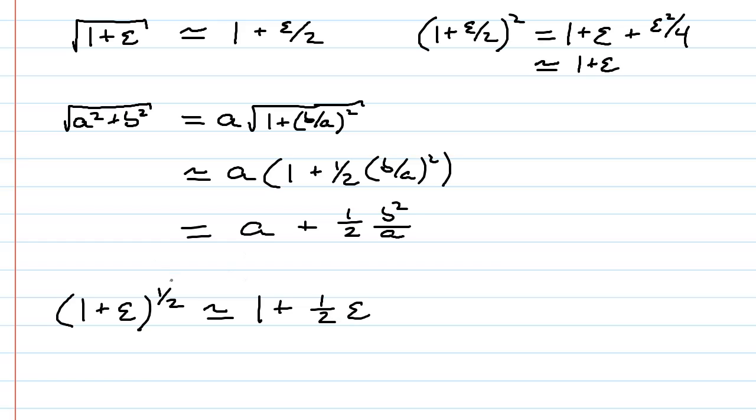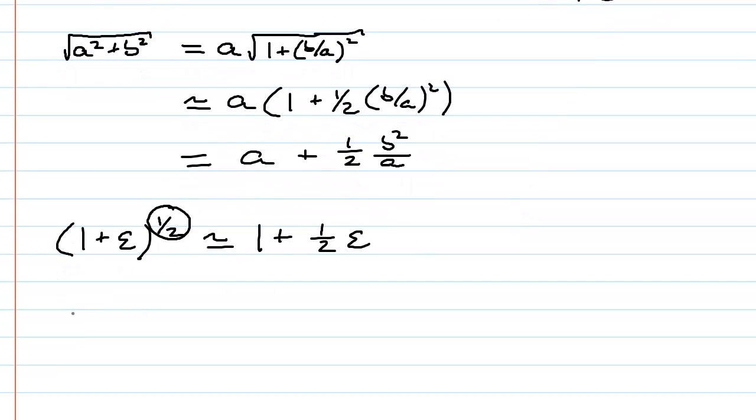But in fact, it works for any power, not only a half. 1 plus epsilon to any power. It could be the power of 3. It could be minus 4/3. Whatever p is, it's approximately 1 plus p times epsilon.